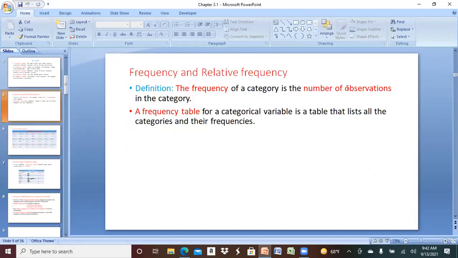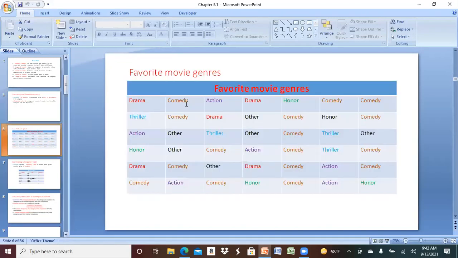Frequency is the number of observations in the category, right? And comedy: 1, 2, 3, 4, 5, 6, 7, 8, 9, 10, 11, 12, 13, 14, 15. So the frequency of the comedy movie is 15.